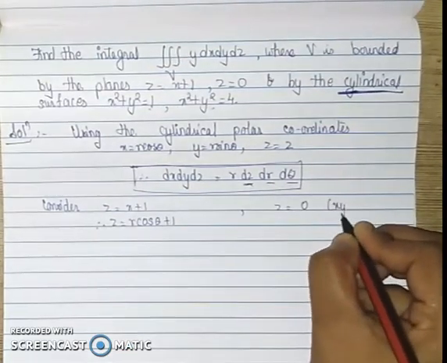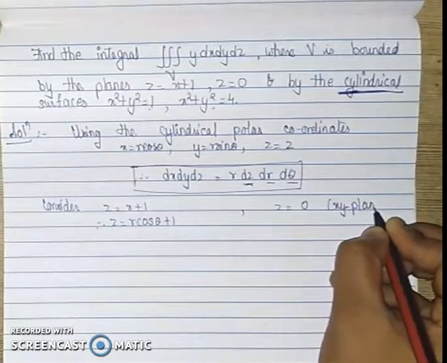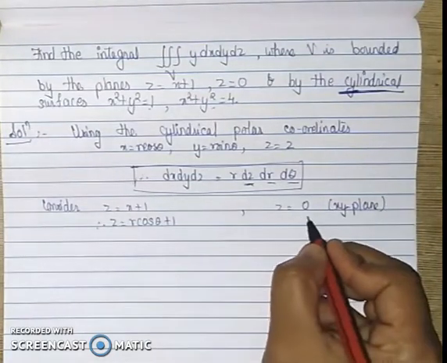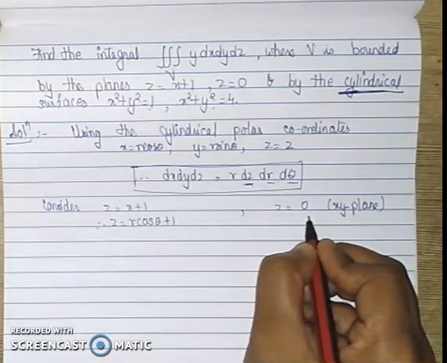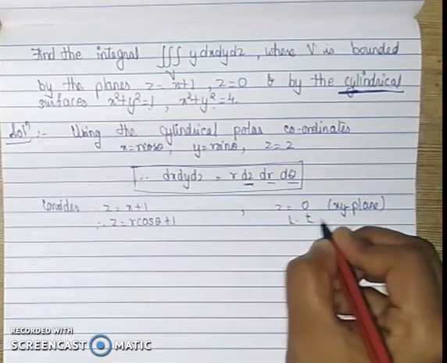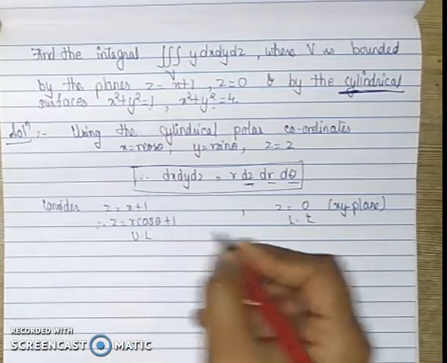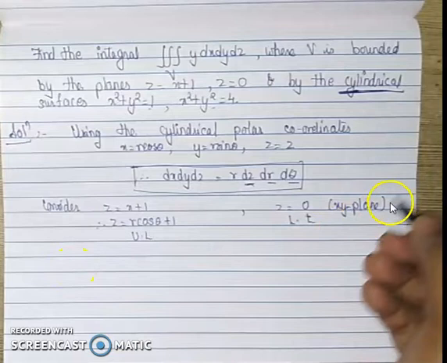Remember, z equal to 0 is the xy plane. Since there are 2 values of z, I need one of them to be the lower and one to be the upper. The xy plane turns out to be the lower limit, and the other value of z turns out to be the upper limit of z.